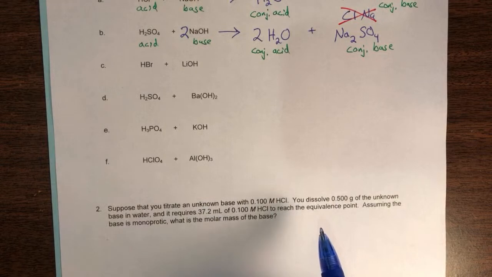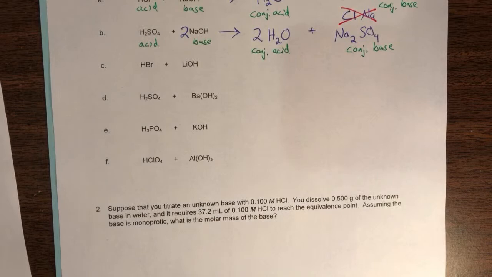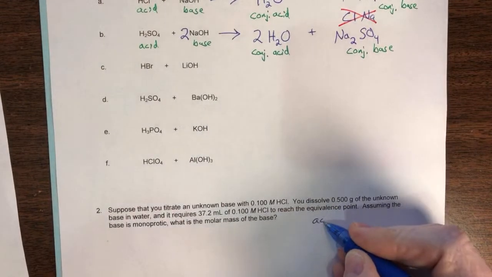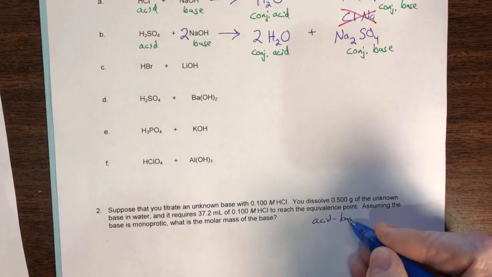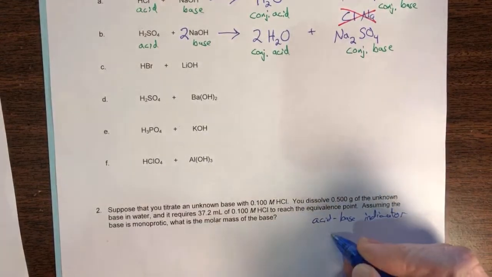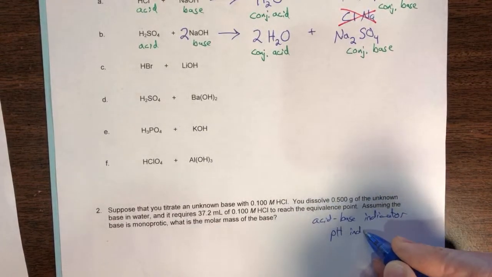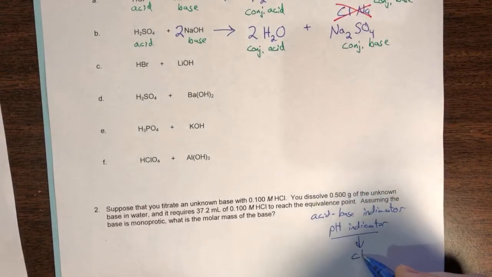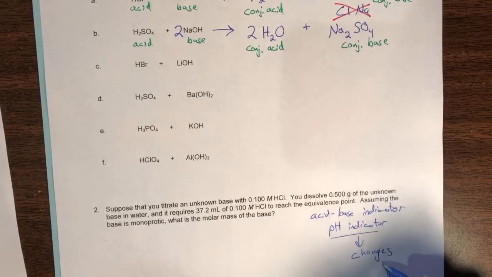The way that you do this in the lab is with an acid-base indicator, which is also known as a pH indicator. What that thing does is it changes color. There's a whole bunch of different ones.